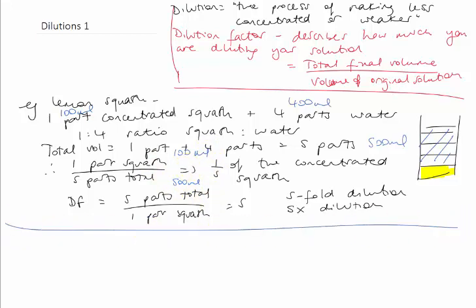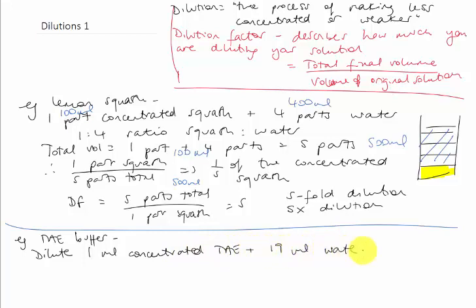We could do this with a slightly more scientific example. So let's take TAE buffer, which is something you'll be using before too long. So let's imagine we dilute 1 milliliter of concentrated TAE and we add that to 19 mils of water.